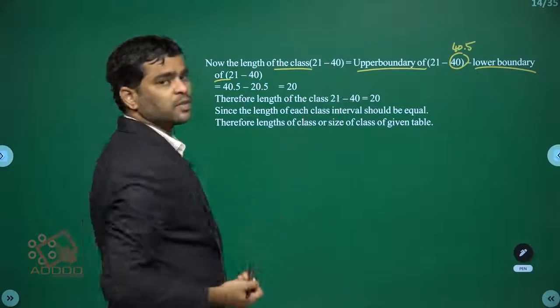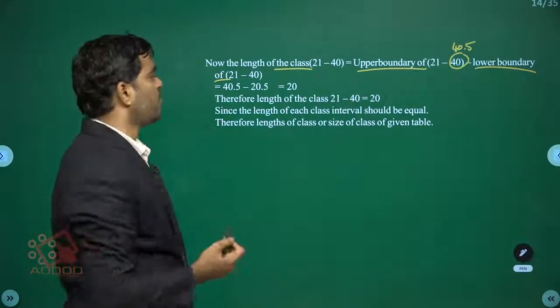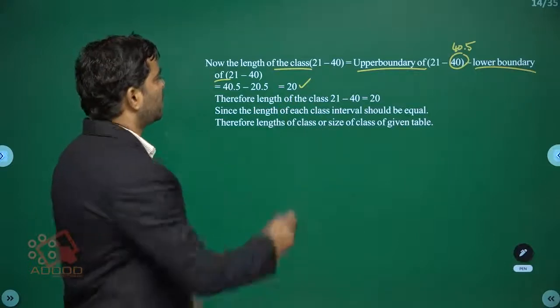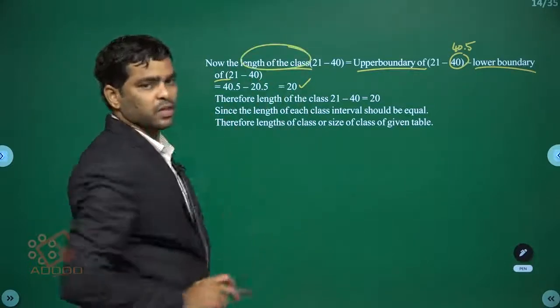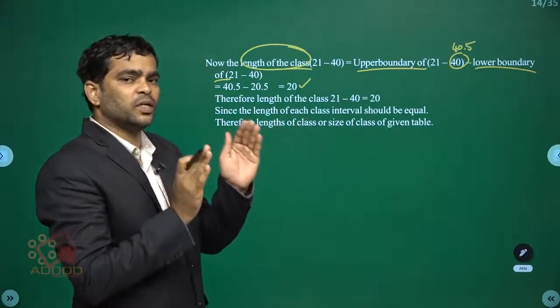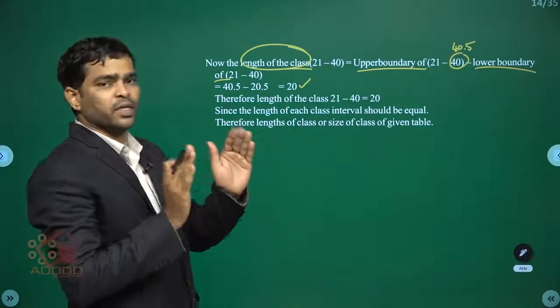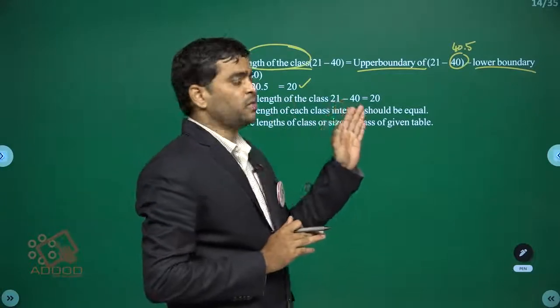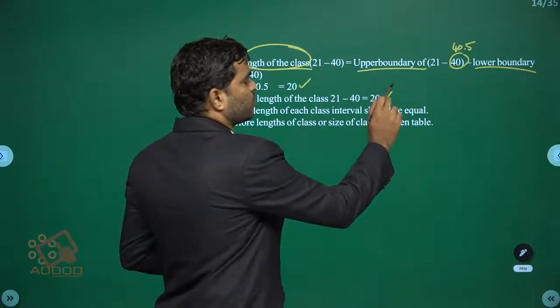You subtract them: 40.5 minus 20.5 is 20. That is the length of the class, that means the size of the class, how many students are accommodated in that particular class interval.